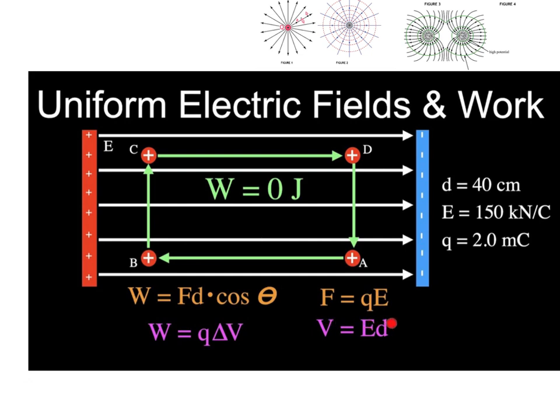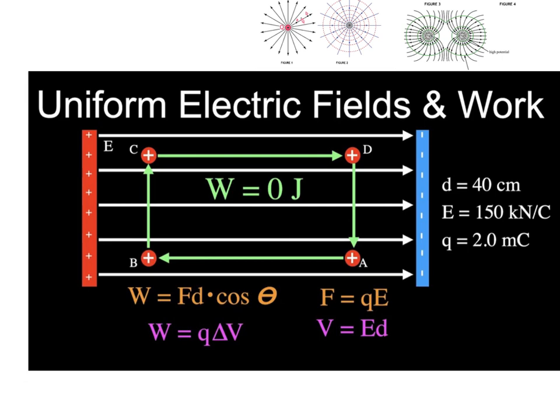And here's another equation that is also useful at times, where the potential is related to the field in a situation where the field is uniform by this equation. And we will use this this week and weeks after in situations where we have a uniform electric field.